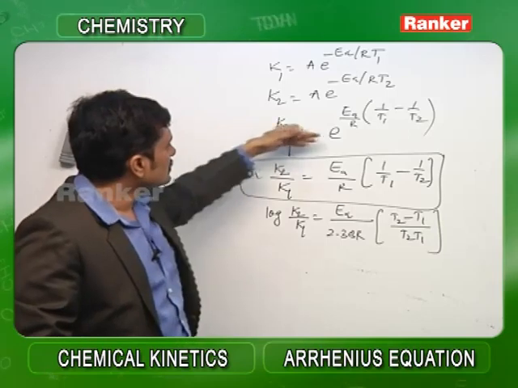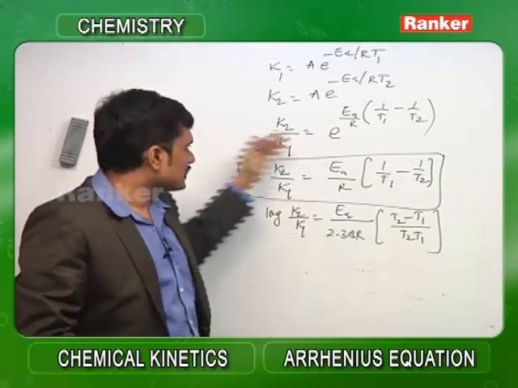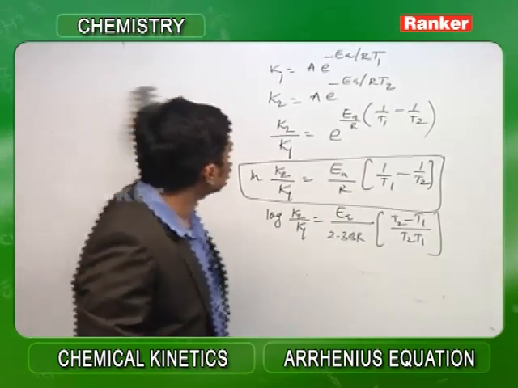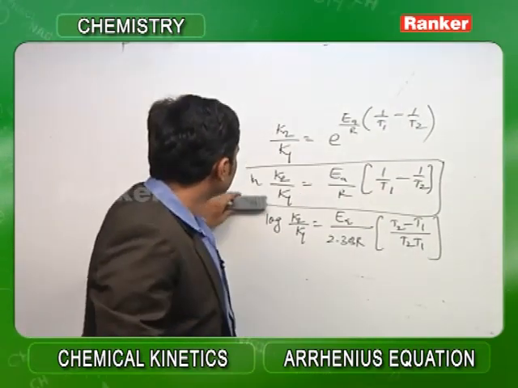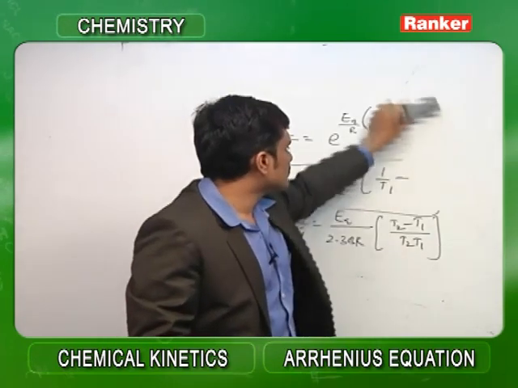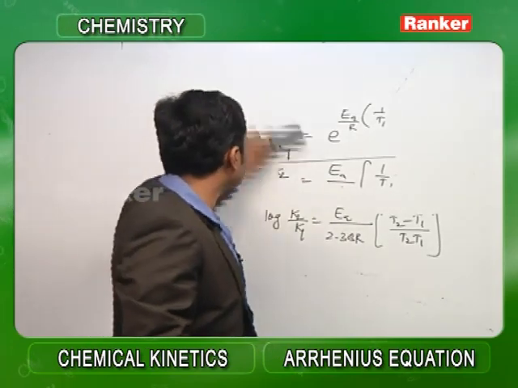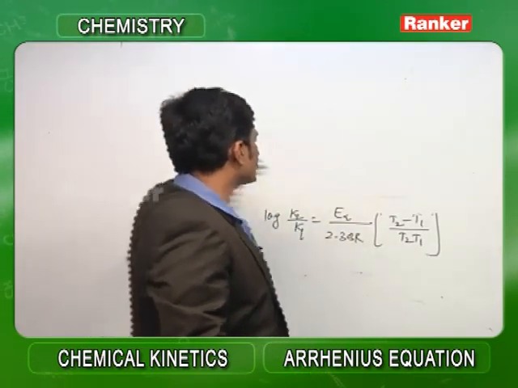I have taken the ratio. The ratio is turning out to be this much. I applied the logarithm on both sides to get this final integrated form. Now after getting this, let me take two instances. The questions can be made interesting about this concept.